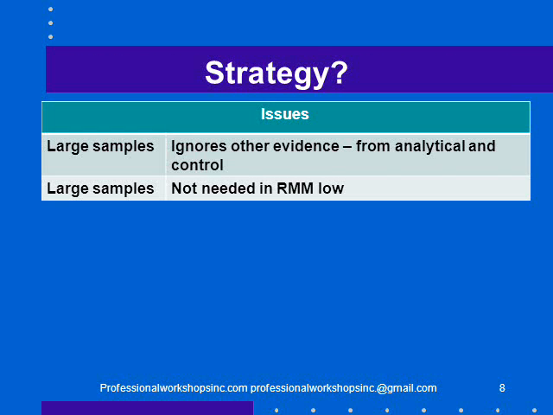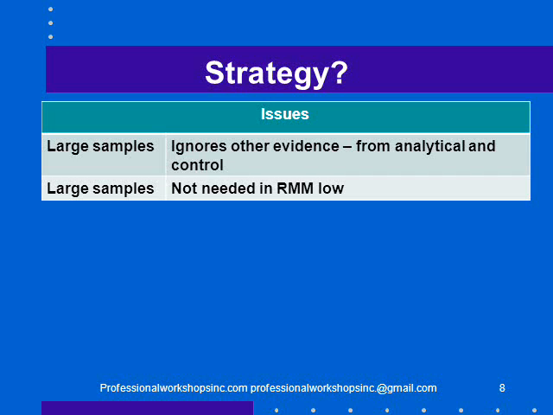The other thing in terms of audit strategy is that we often pick large samples for accounts receivable. We say, let's pick a 95% confidence sample. Well, that ignores all the other evidence we've got about accounts receivable. We've done analytical procedures, we've done control testing, we've already got some evidence, and we don't need to be testing at 95% confidence.